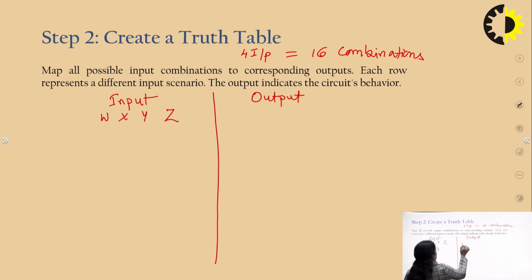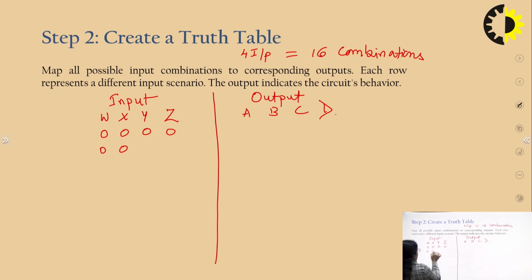Here I can name the output as A, B, C, D. So, 4 inputs W, X, Y, Z. We have 16 combinations starting with 0, 0, 0, 0. I will write all the 16 combinations correspondingly: 0, 0, 0, 1, 0, 0, 1, 0, 0, 0, 1, 1.